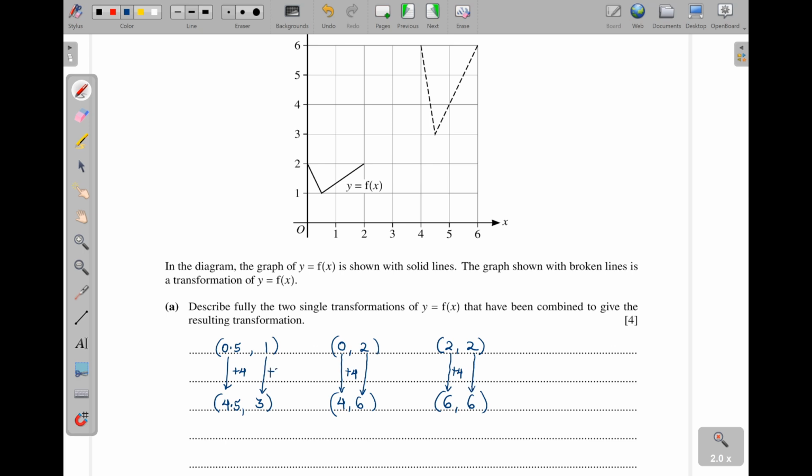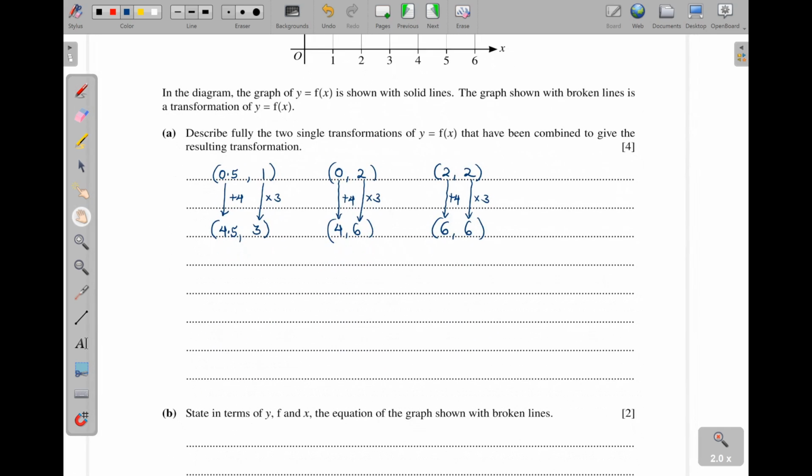Did they add a 2? But then when you add a 2 here, this one goes to 4. So it wasn't that. Now, what if we say they multiplied by 3? And also here, 2 times 3, you get a 6, and 2 times 3 is 6. So that is that.